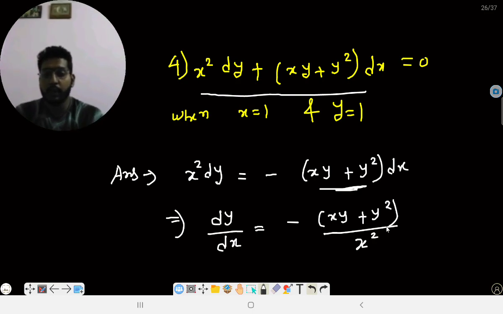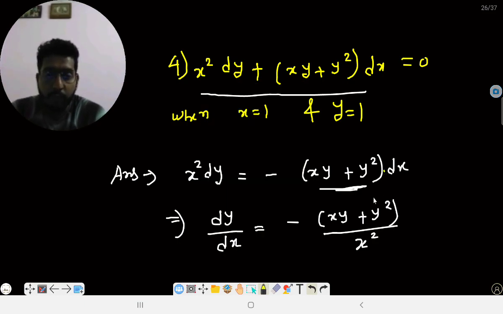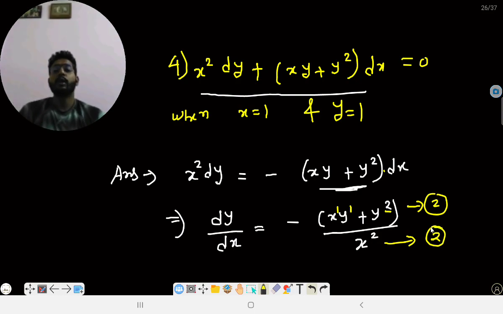Now look properly here. What is the degree here? This is 1 plus 1, that means 2. The overall degree in the numerator is 2, and in the denominator also the overall degree is 2.